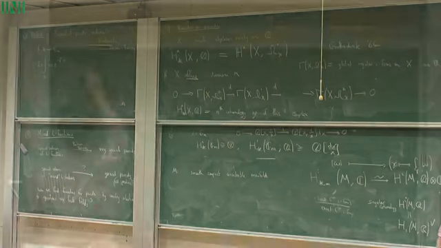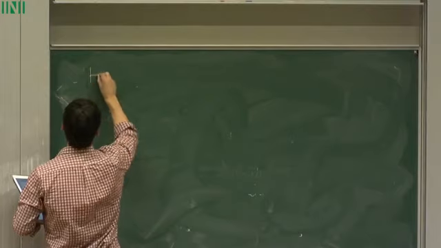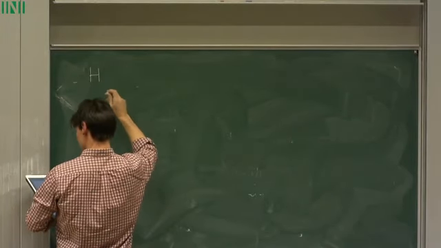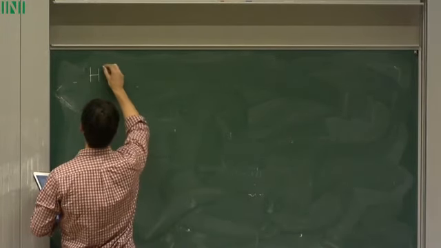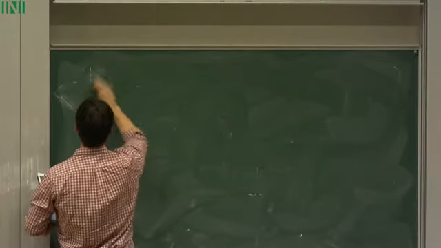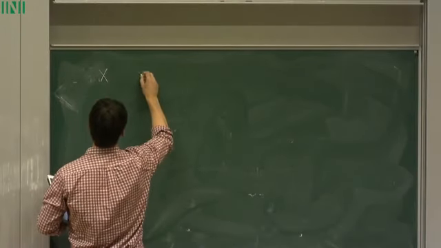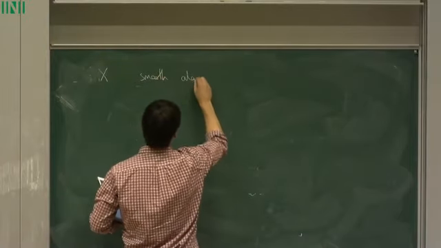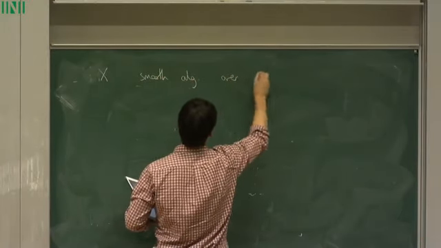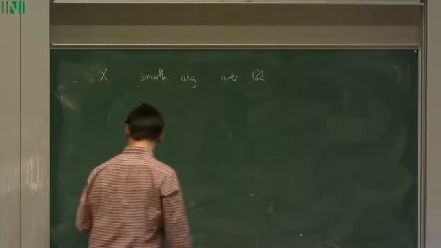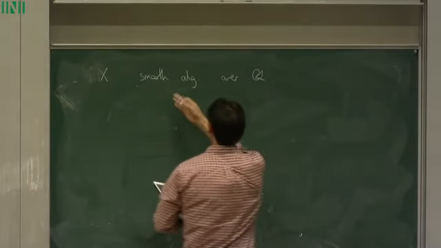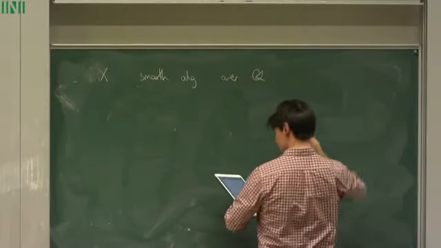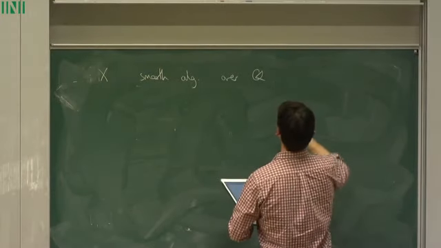So, Grothendieck's result, plus Serre's GAGA. Let me just say, let's take X smooth algebraic over Q as before. But it works over any field of characteristic 0. That's not a problem.